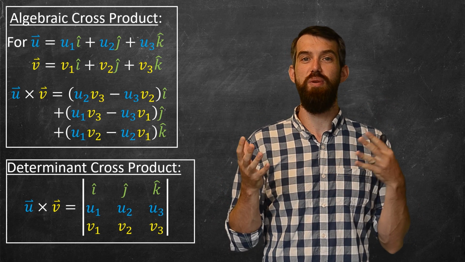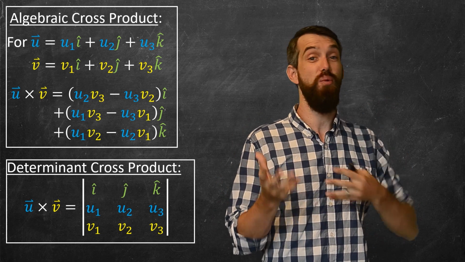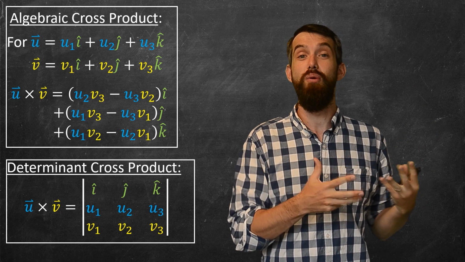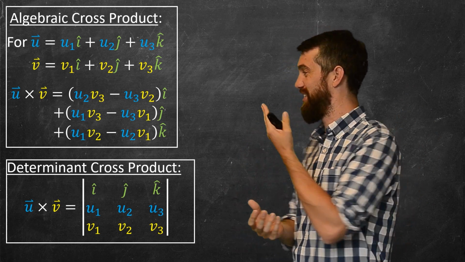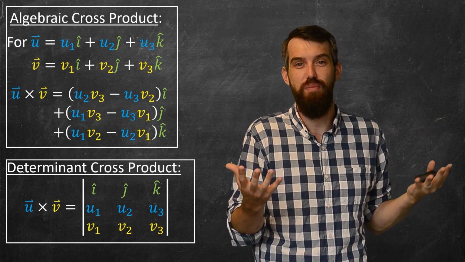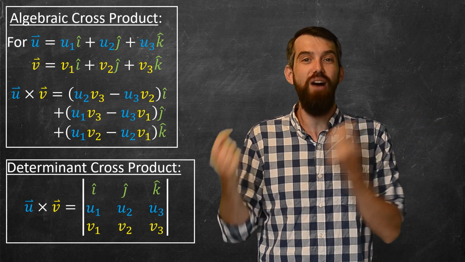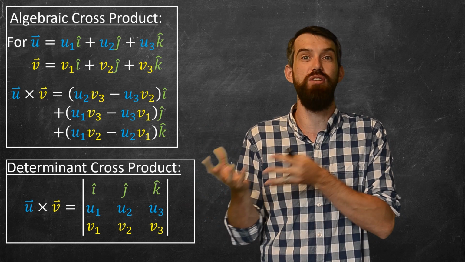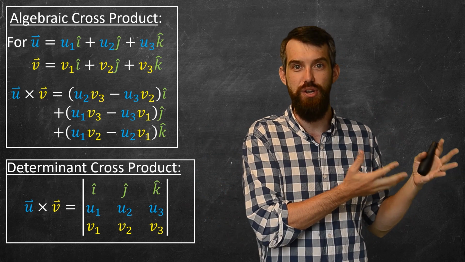If you don't know what a determinant is, that is fine. You can either go and look it up for your edification, or you can just always use the top version that just tells you to memorize all that annoying stuff. The determinant just gives a slightly easier way to memorize it. Nevertheless, we have an algebraic computation we can do that corresponds to that geometric idea that we introduced at the beginning.